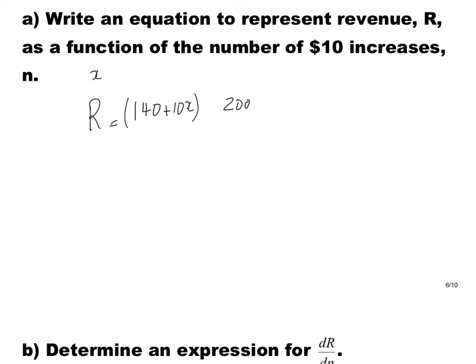And since every time we increase by $10, there are 5 fewer students, it's going to be 200 minus 5x. So this is going to be our revenue function based on the number of increases of $10.